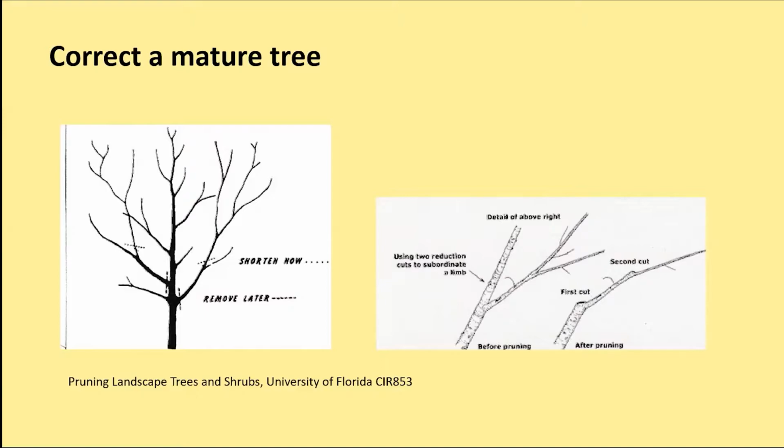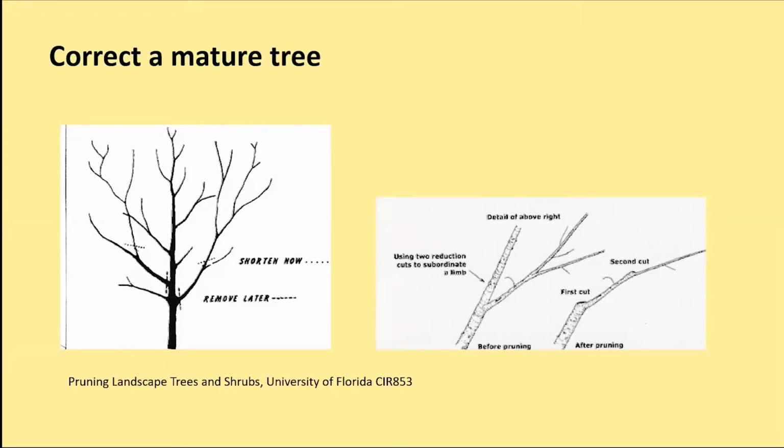If we remove those, you're going to end up with the center having full access to sunlight and good air circulation, and the side branches would become essentially fair, but not much of a threat. So if you look at the right half, that illustration, you can see how the reduction cut is made.